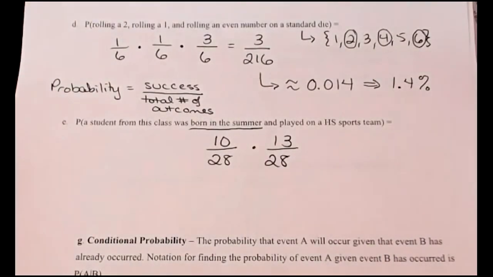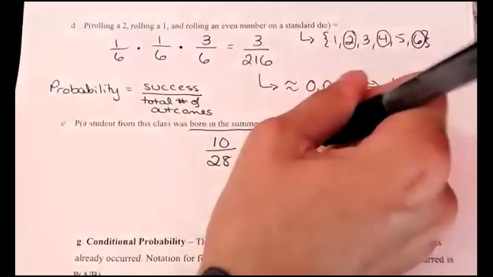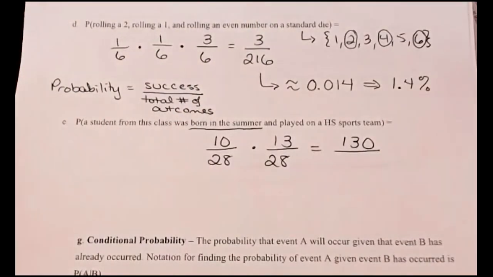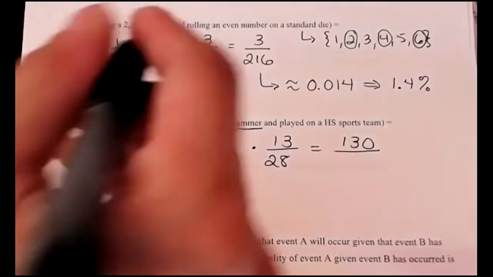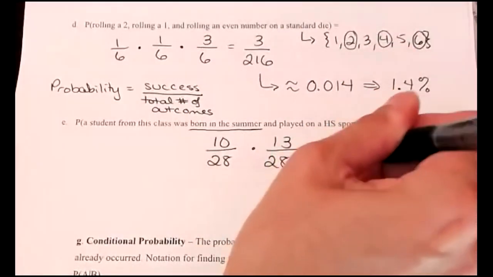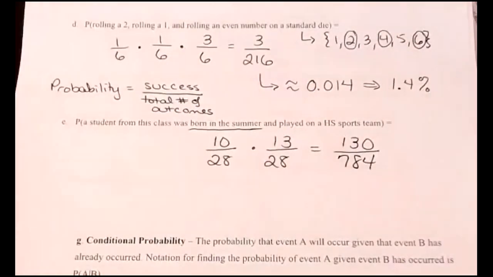So because we want the probability of the first one and the second, we go ahead, multiply these two together, and we get 130 out of, let's do 28 times 28. That's going to give us 784. Why does that seem low? Nope. That seems super low to me. 784.